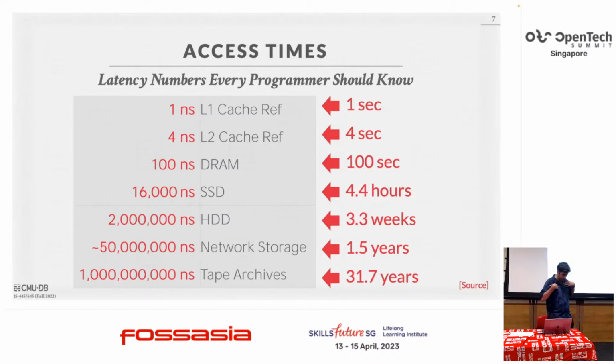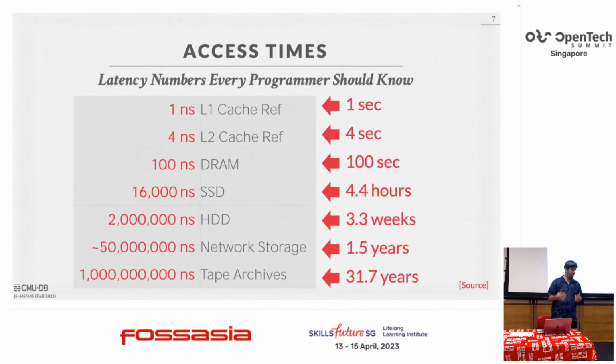If you convert this to time scales we can understand, a cache hit is 1 second, compared to DRAM at 100 seconds, right? And then compared to an SSD it's 4 hours. So if you fetch some data from your CPU cache it's 1 second, versus waiting for 4 hours if you fetch it from SSD, which is supposedly quite fast, and HDD will be 3 weeks, right?